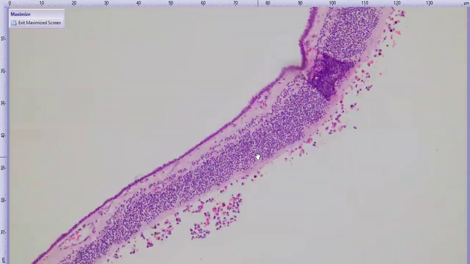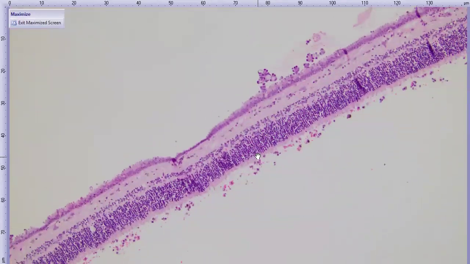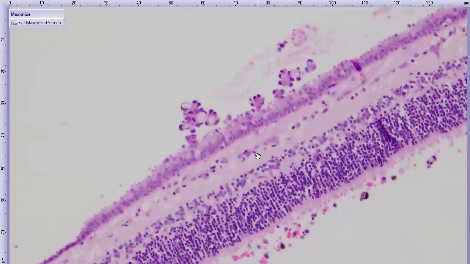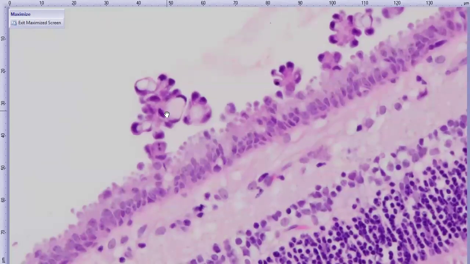And if we keep going, you can start to see some little... We can see some apical blebbing of some of these cells. Some of these cells have this very large clear space and push the nucleus out to the side, giving a signet ring morphology.